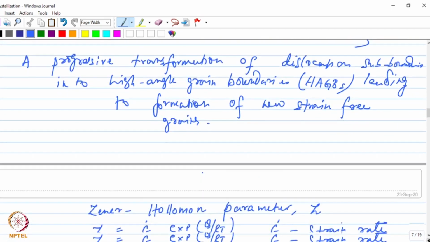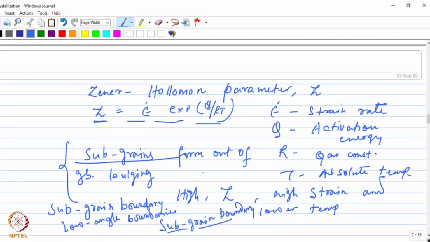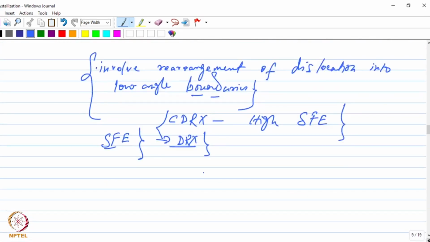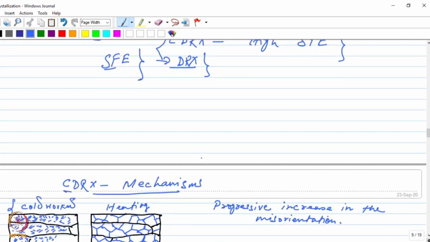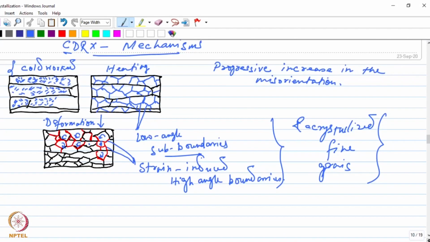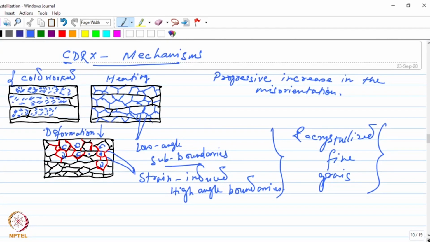And with regard to that, we have already talked about the mechanism as to how exactly that happens in case of CDRX, as to how the low angle boundaries form and how they turn into high angle boundaries. We have discussed that in the previous class. Okay.